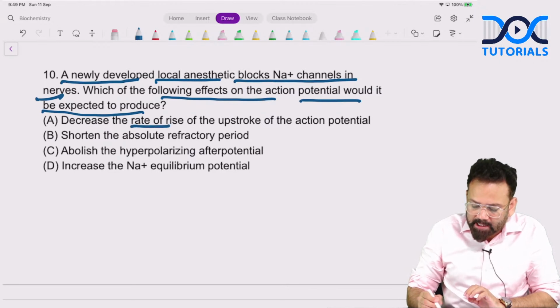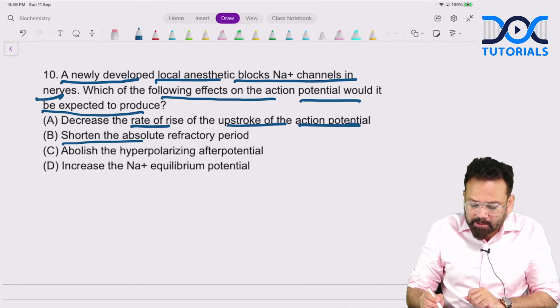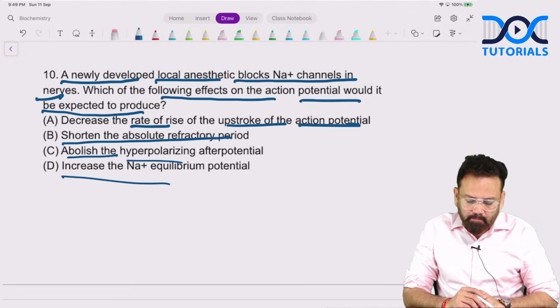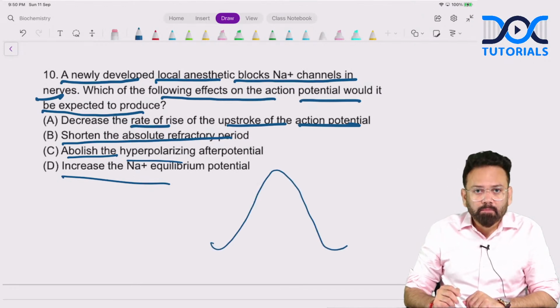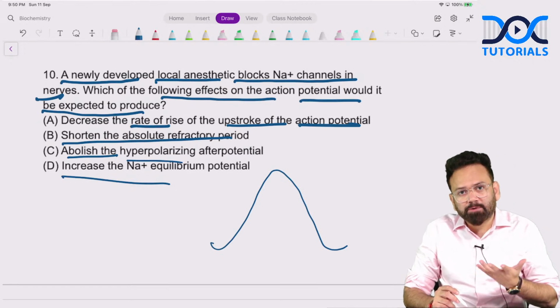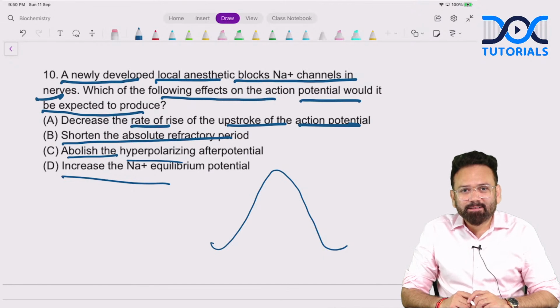The options: decrease the rate of rise of the upstroke of the action potential, meaning depolarization; shorten the refractory period; abolish hyperpolarization. This is your action potential and you are blocking the sodium channel. It cannot be simpler than that.